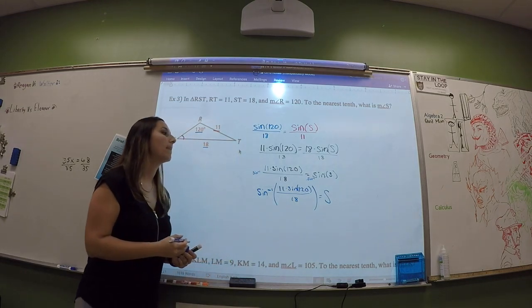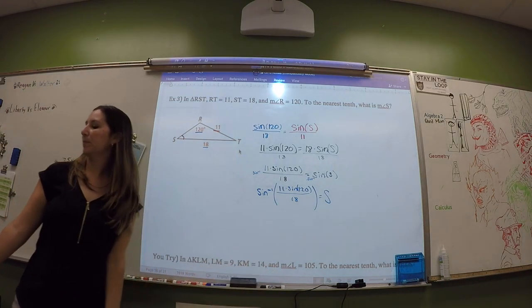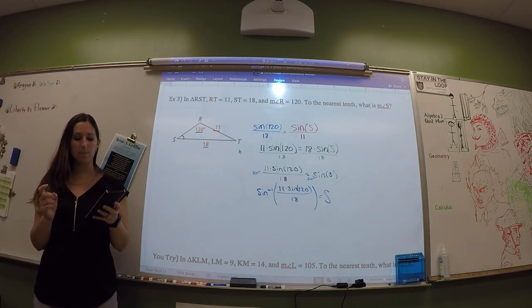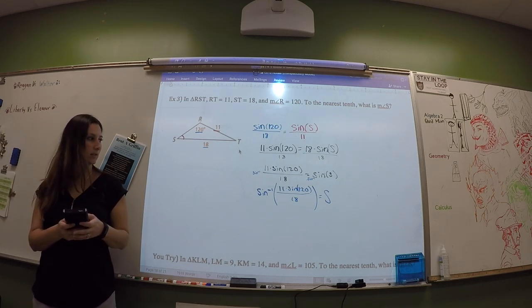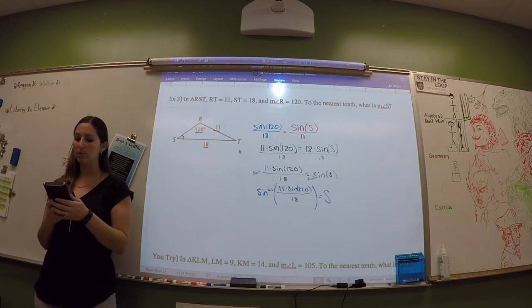would cancel. Now this is going to be a little bit trickier to plug in your calculator just because it's extra stuff. So if you just hit the inverse sine and then put the fraction inside of it, it should be pretty easy. The fraction button is helpful.